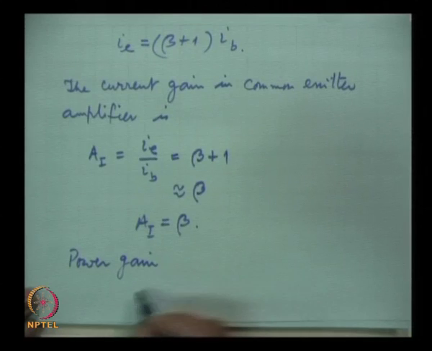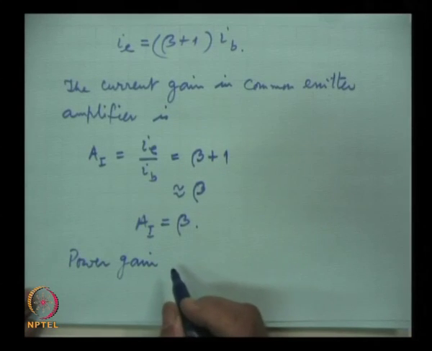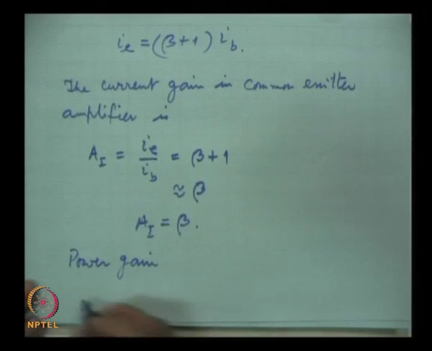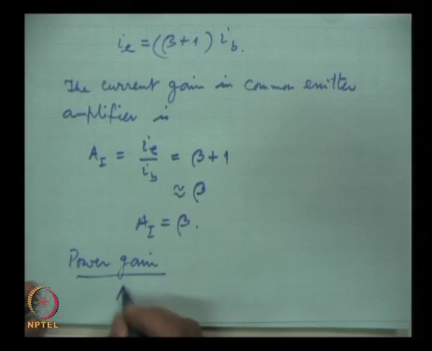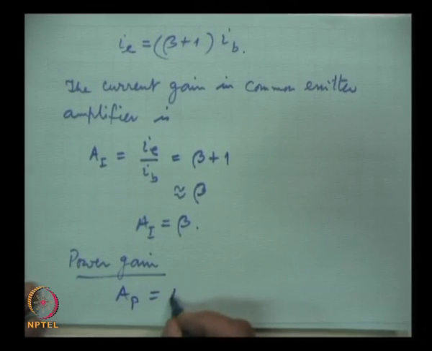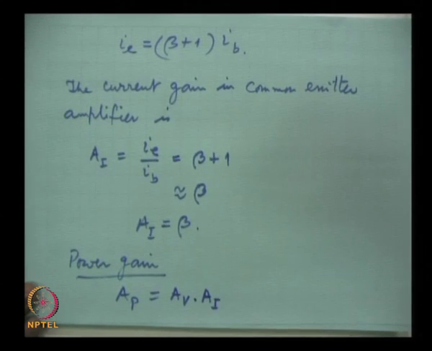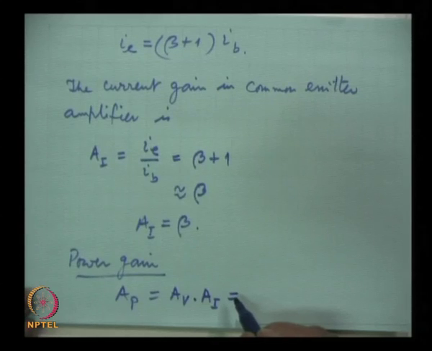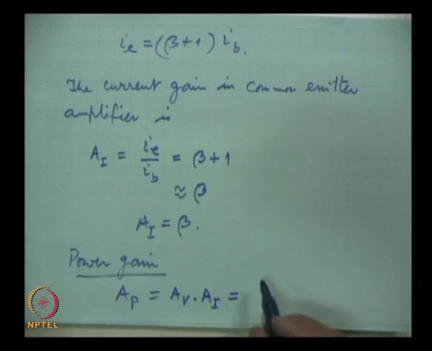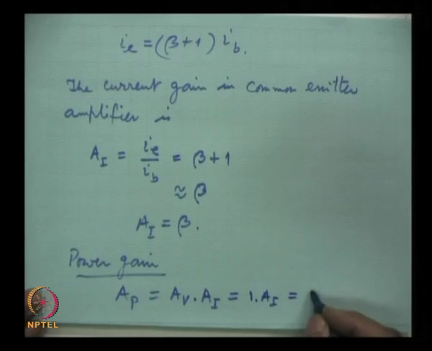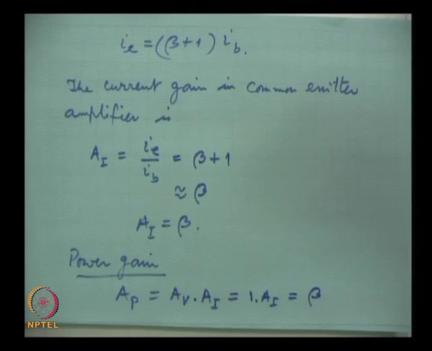is the product of current gain and voltage gain, that is A p. The power gain is voltage gain into current gain, and voltage gain for common collector is almost 1. So, 1 into current gain, and current gain is beta. So, this is simply beta, and beta is very high, 100, 200, 300, that means there is a power gain.